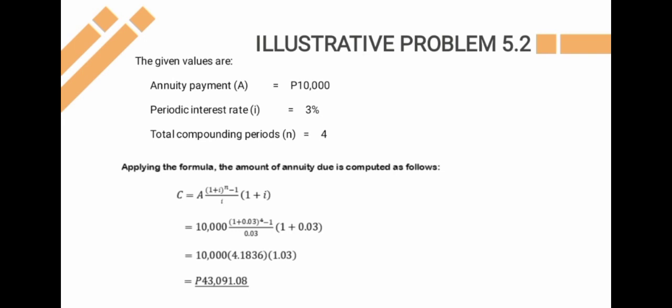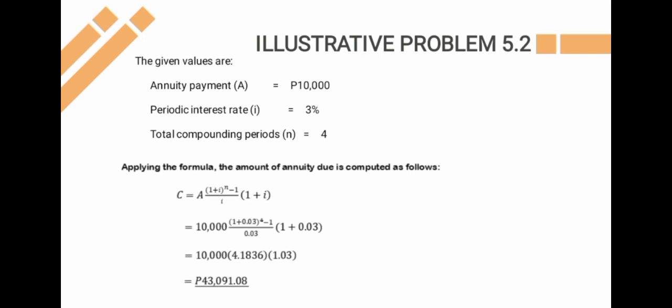Applying the formula, the amount of annuity due is computed as follows. C is equal to A times the quantity of 1 plus i raised to n minus 1 all over i times the quantity of 1 plus i.